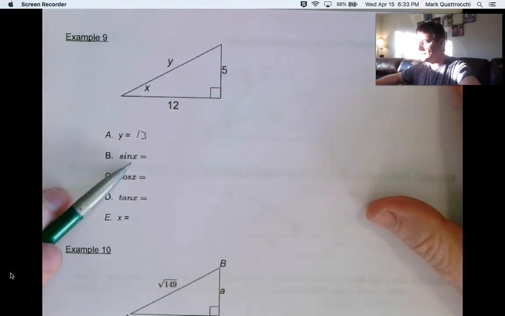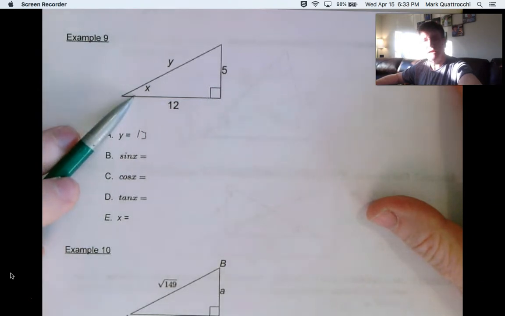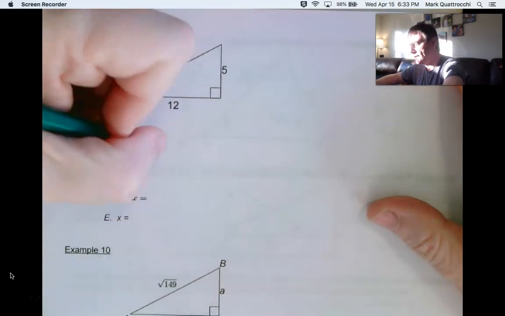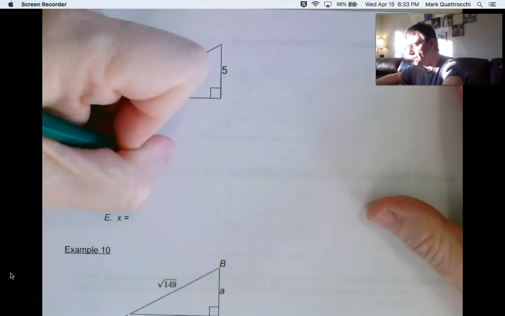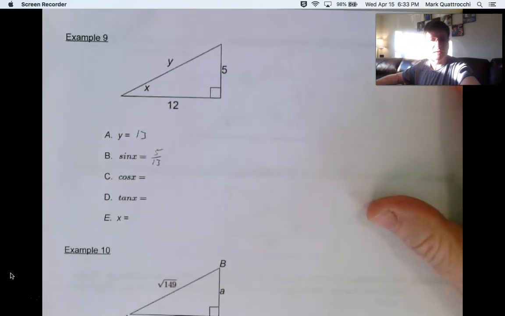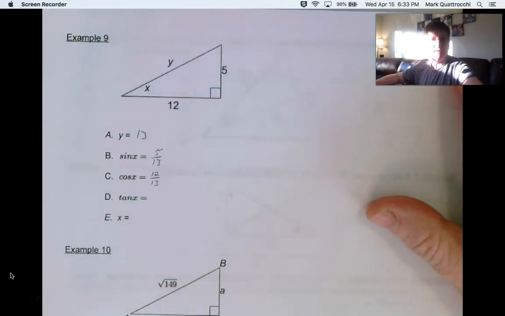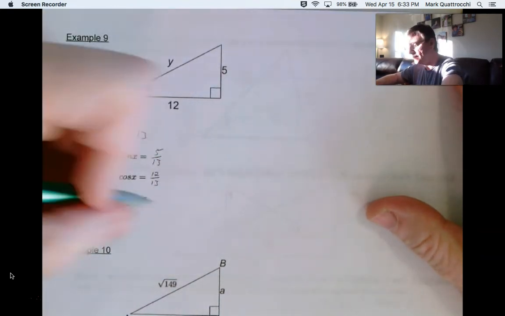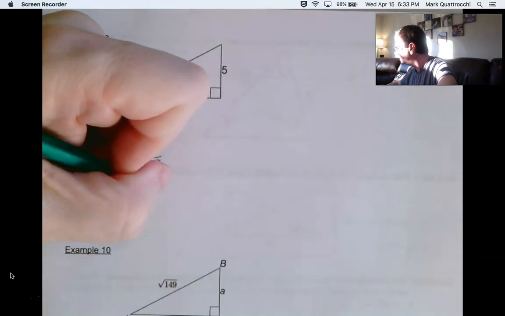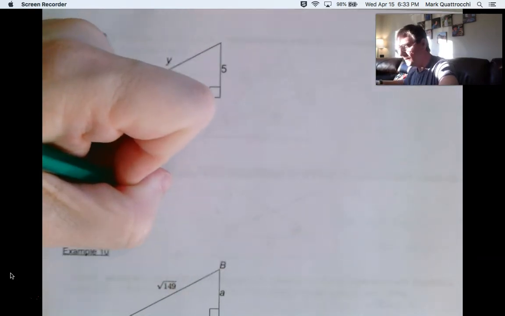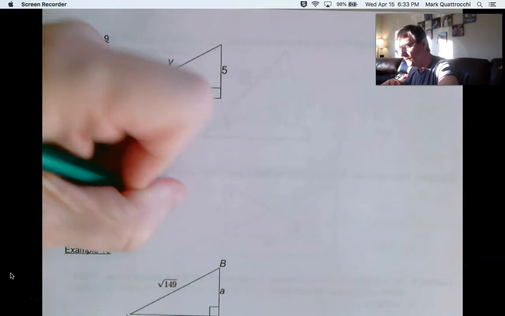Sine of x, if I'm here at x, is opposite over hypotenuse, 5 over 13. Cosine of x, adjacent over hypotenuse, 12 over 13. Tangent of x, opposite over adjacent, 5 over 12.